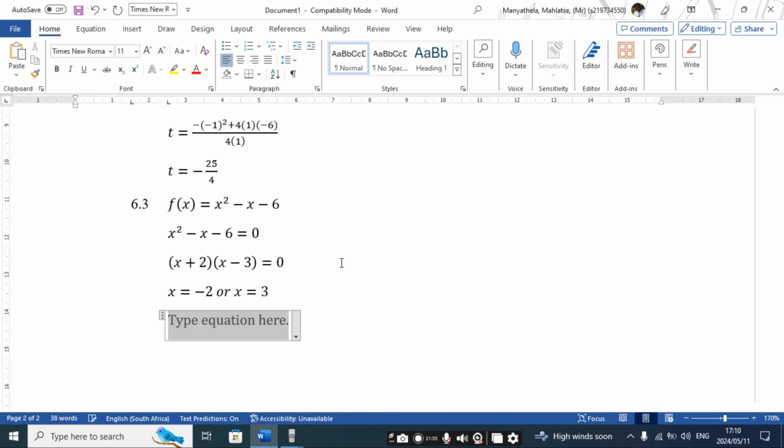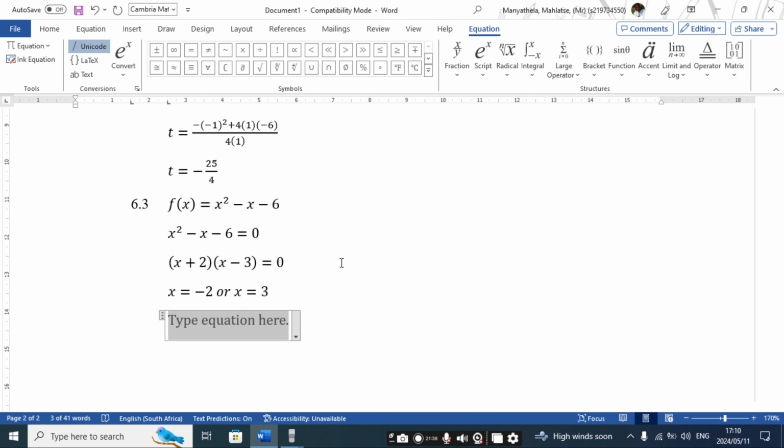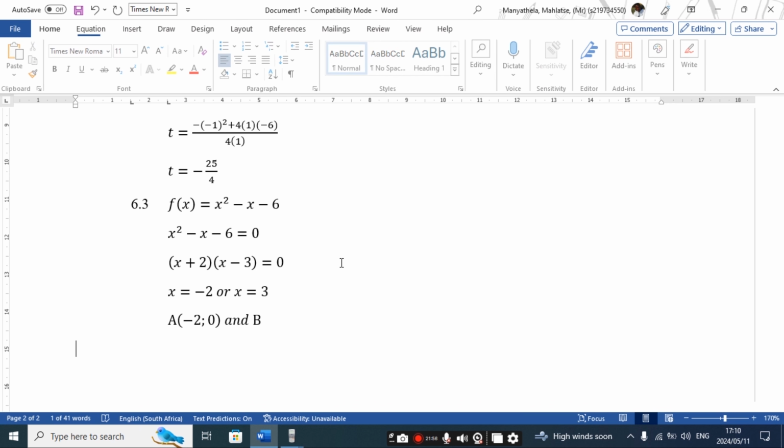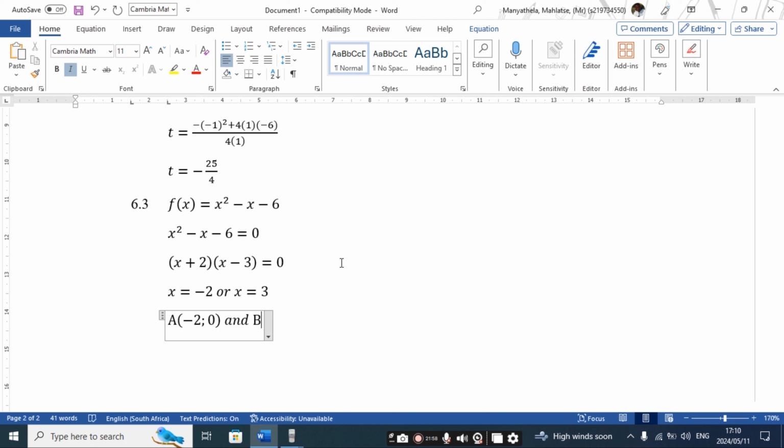So the coordinates of A, in this case, will be minus 2 and 0, and then the coordinates of B will be equal to 3 and 0. We are done with this question.